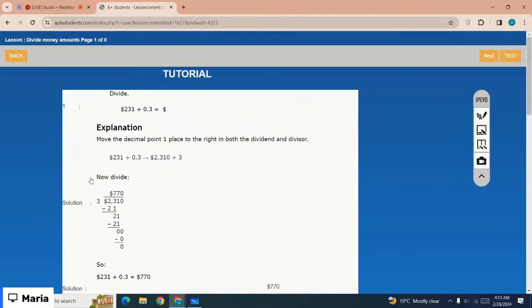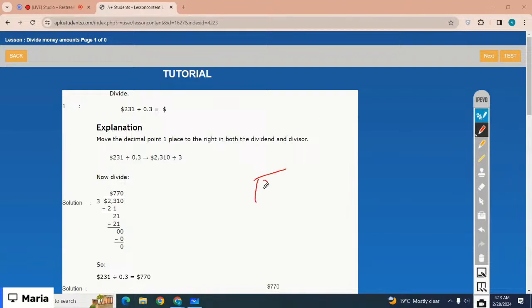Okay, 231 divided by 3. 2 is less than 3, so you cannot divide. You need to make it 23. 3 times 7 is 21, right? Then 23 minus 21 is 2. Write the 1 down. 3 times 7 is 21. 0. That is 77.